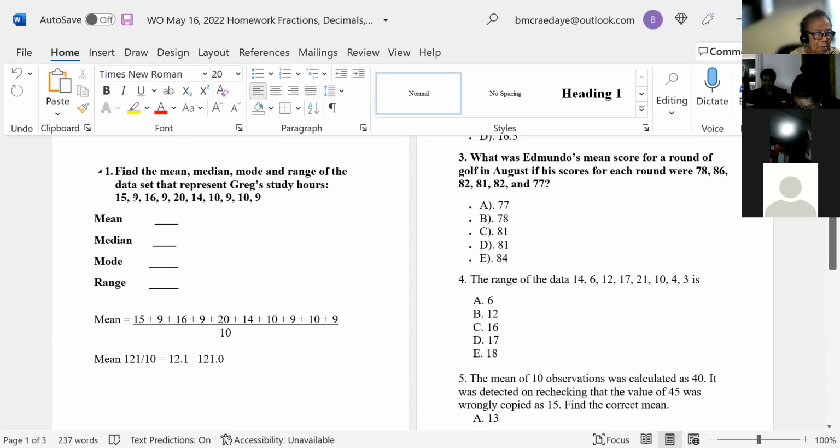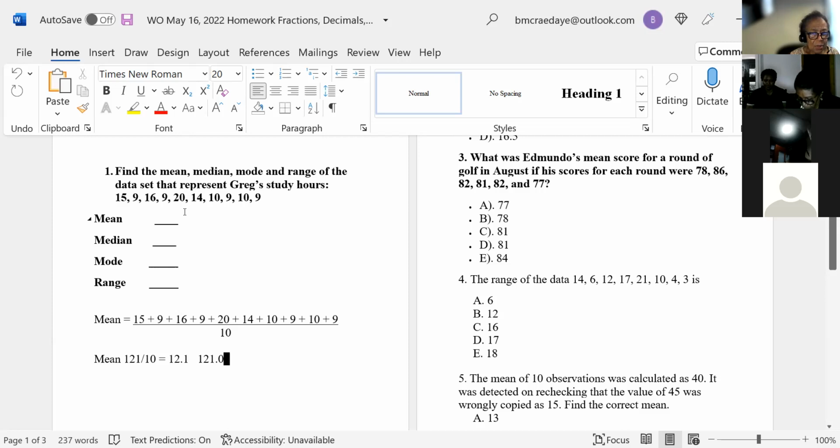15 plus 9, plus 9, plus 16, plus 16, plus 9, plus 9, plus 20, plus 20, plus 14, plus 14, plus 10, plus 10, plus 9, plus 9, plus 10, plus 10, plus 9, plus 9.